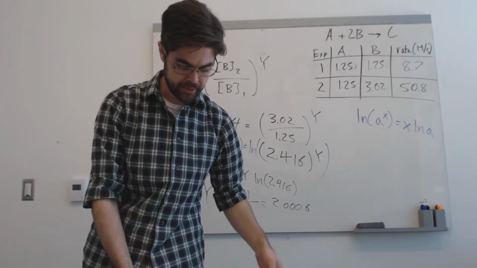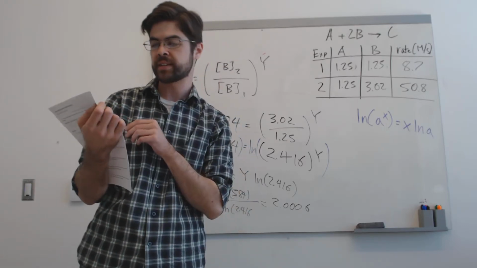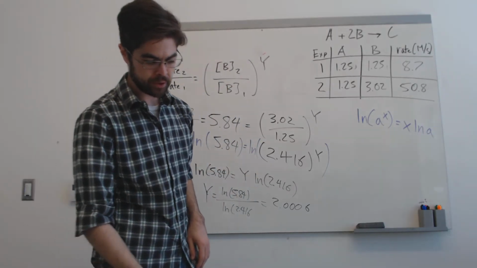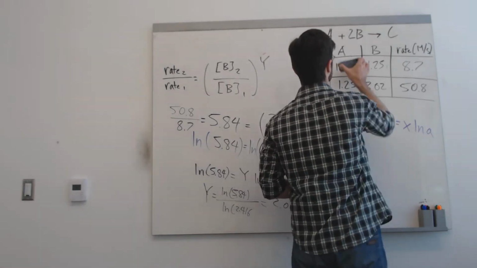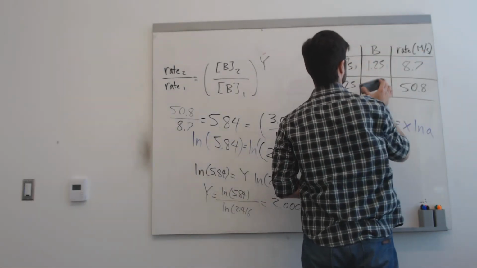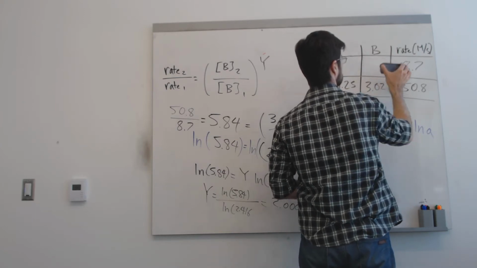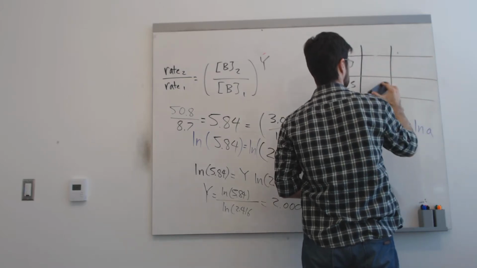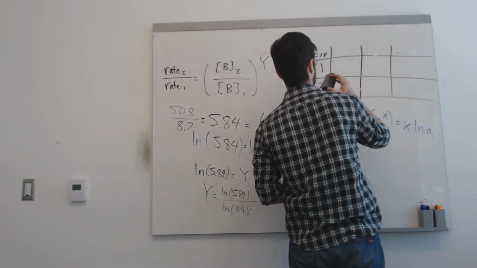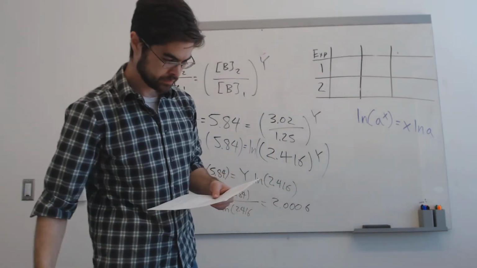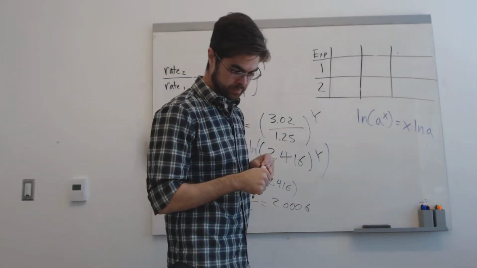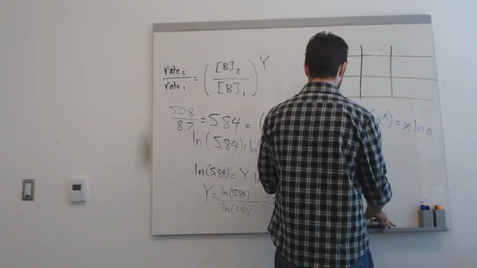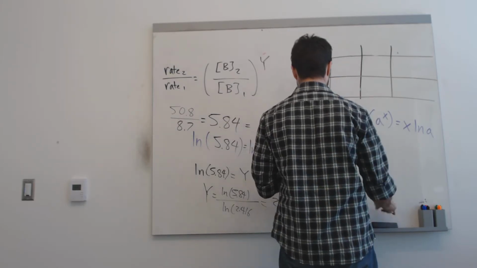So let me give you an example. I'll apply this idea to one of the example problems that was on the worksheet. I'll do trials 2 and 3, specifically the ones I wanted to look at here.